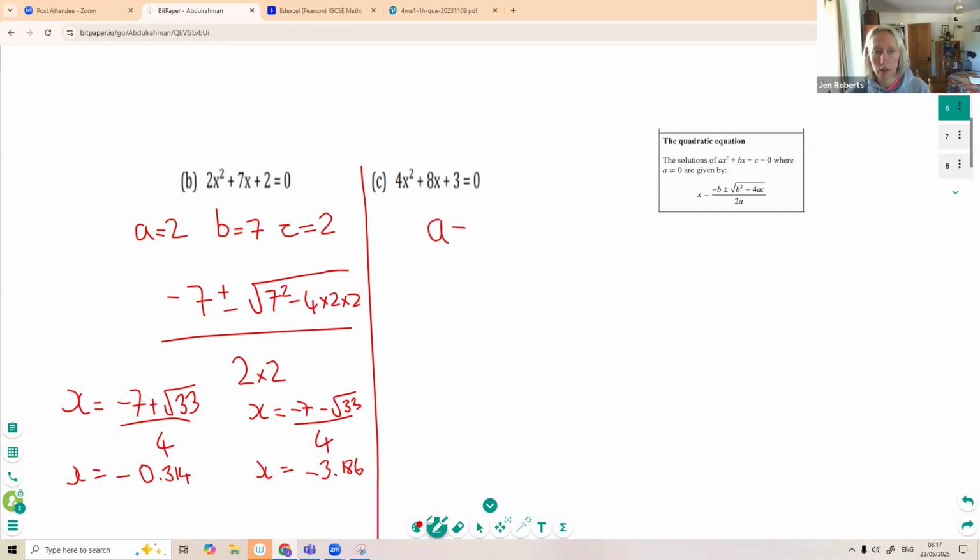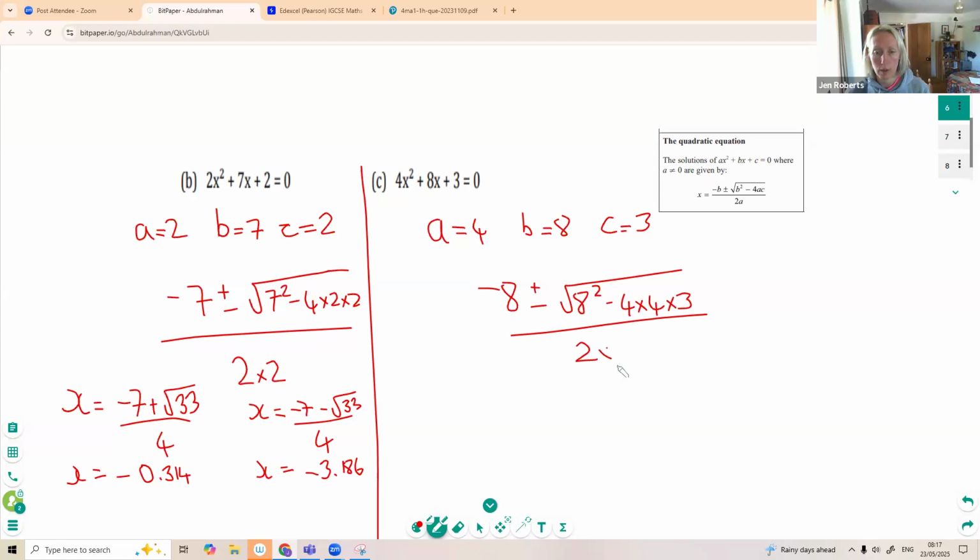Next, a is 4, b is 8, c is 3. -8 plus or minus the square root of 8 squared minus 4 times 4 times 3, all over 2a, 2 times 4. So one solution is minus 8 plus the square root of 16. 2 times 4 is 8.